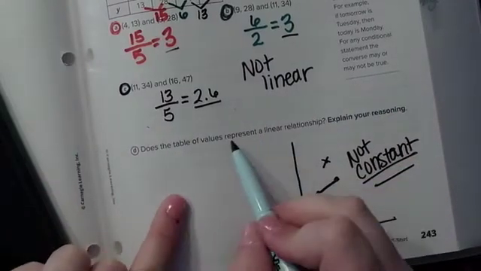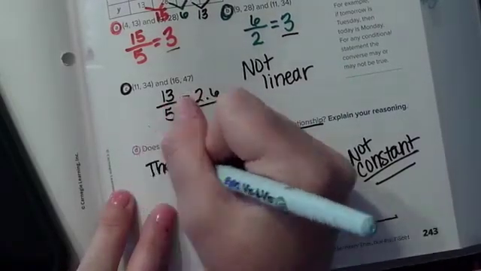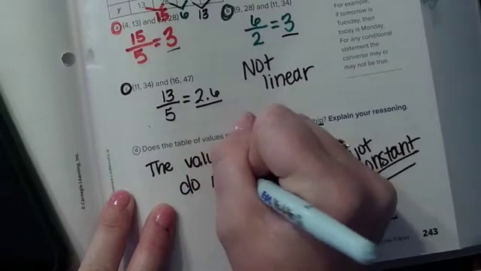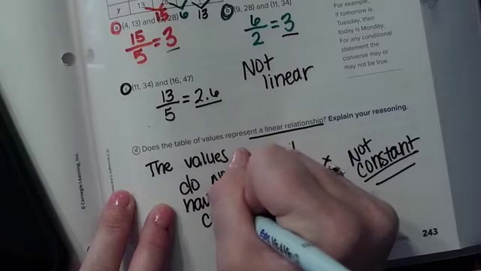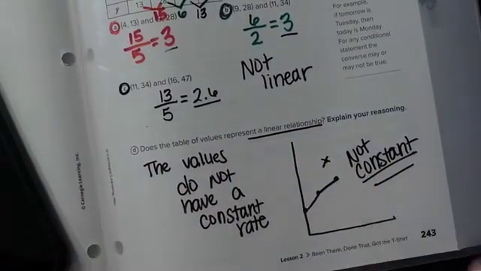So it does not represent a linear relationship because the values do not have a constant rate or slope in that case.